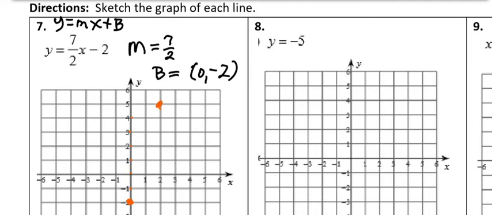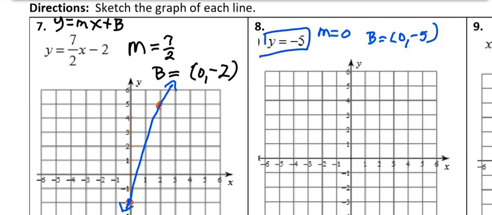Now, we do not want a line segment. We want a line. So I look at this right here. That's a line segment. Do not do that. Make sure that your line extends past the points. Now, I look at this one, and I see there's no m, there's no x, so the slope is 0. My y-intercept is at 0, negative 5.